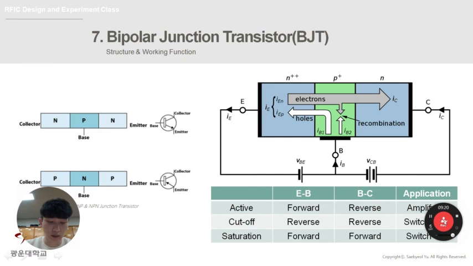BJT consists of emitter, base, and collector, and is classified as NPN and PNP. The order of high doping concentration is emitter, base, collector, and the width of the base is very small.